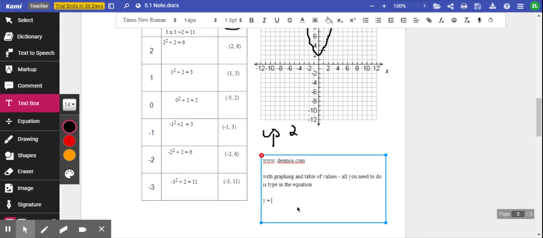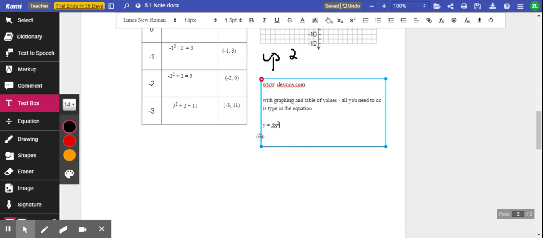Now, something you might see may be along the lines of this. Just say something like 3x squared. And let's just say we're using x is equal to 1 in this case.